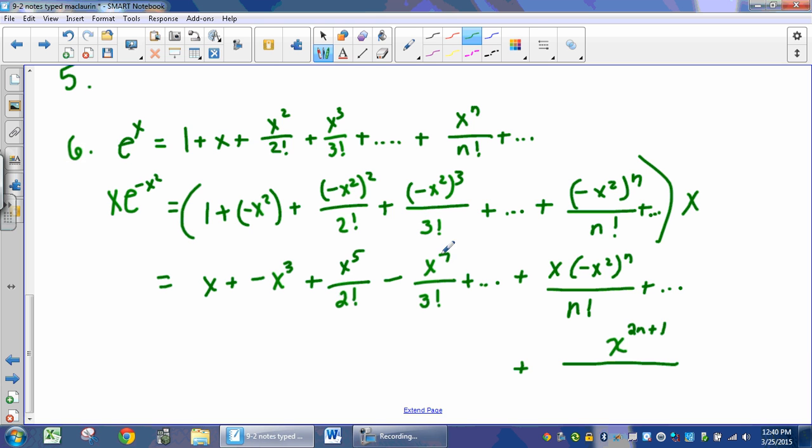When x to the seventh is here, that would be n equals 3, so down here, it's over n factorial with n equals 3. And then I have a negative 1, and x to the seventh is when n equals 3, n is odd, making it negative. Yes, I could rewrite this as negative 1 to the n, x to the 2n plus 1 over n factorial. Or you could make things easier on yourself and leave it unsimplified as that.